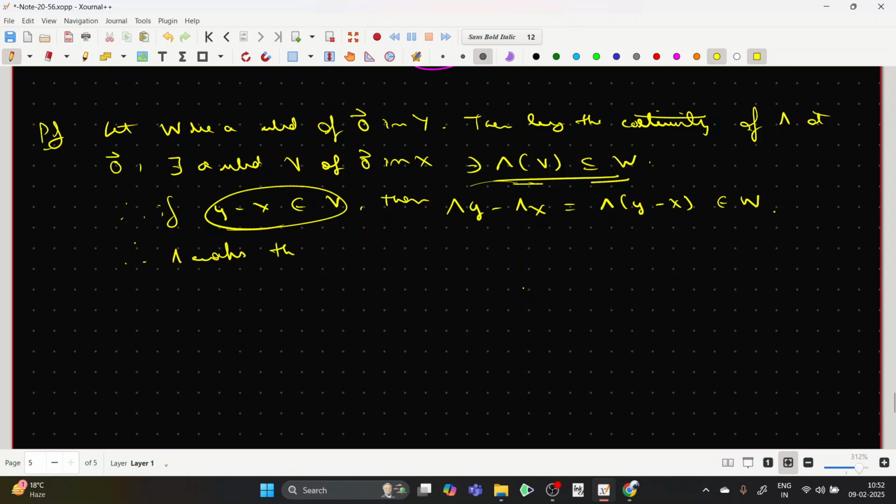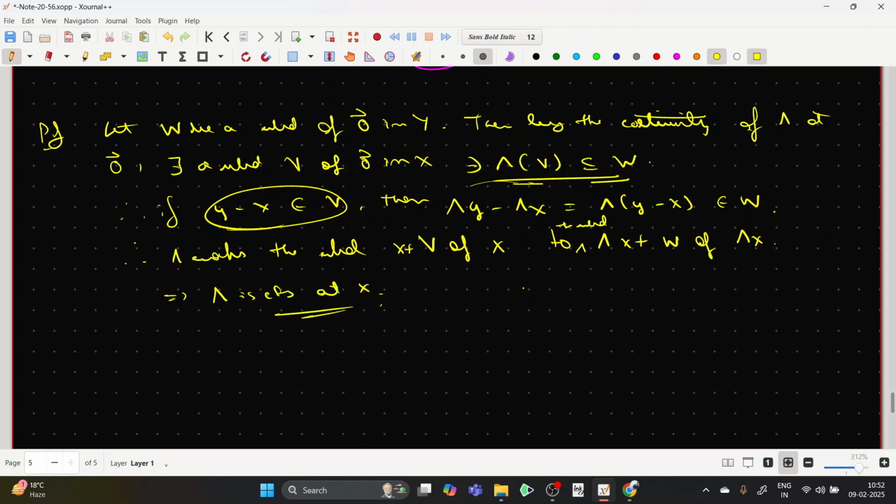Therefore, lambda maps the neighborhood x plus V of x, because V was a neighborhood of the origin, to the neighborhood lambda x plus W of lambda x, which means that lambda is continuous at x.